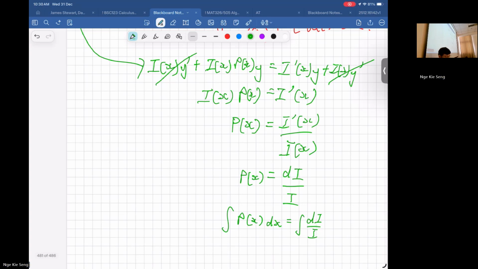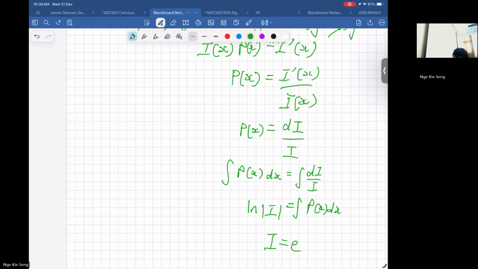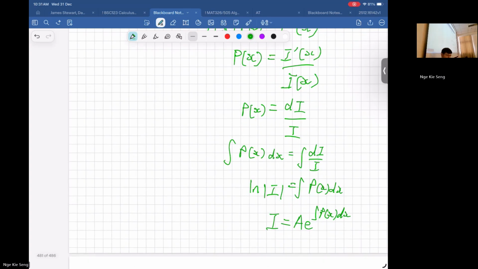What you get is ln of I equals the integral of P(x) dx, and then I will equal, let's say there is a constant, A e to the integral of P(x) dx. This we can take A equals 1. It works. So this is how we get the I.